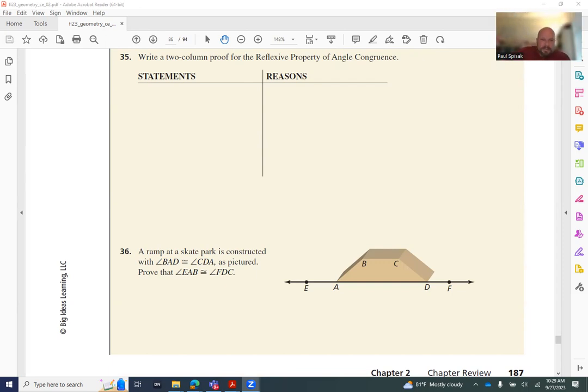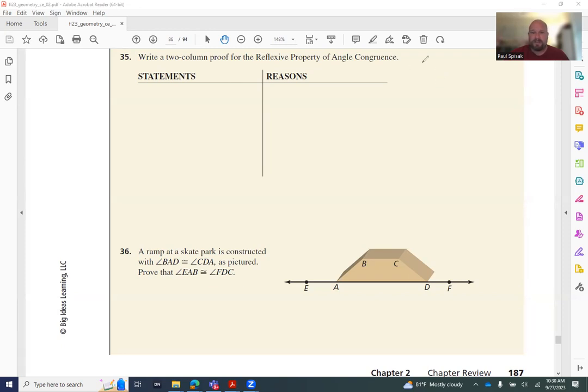So it wants a 2-column proof for the reflexive property of angle congruence. So again, that's saying that an angle is congruent to itself. So all we have to be given is one angle. All right. So we can start it off. And I'll do the same proof that the book did. So let's say we're given an angle to start with.